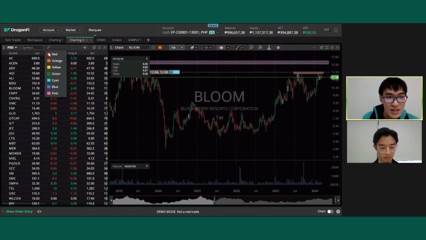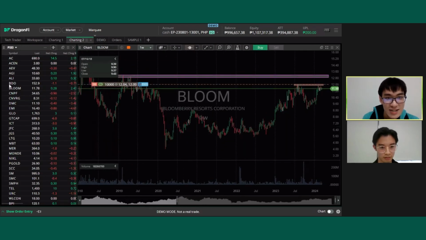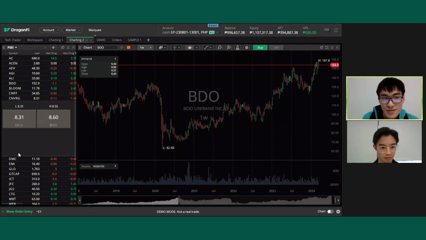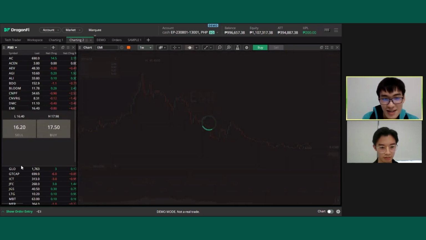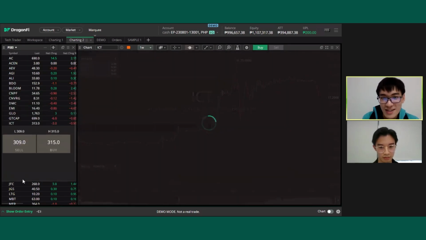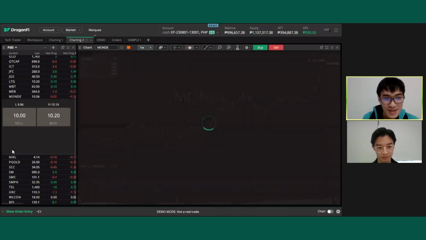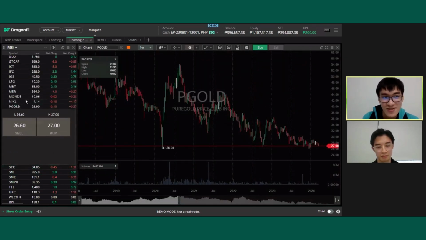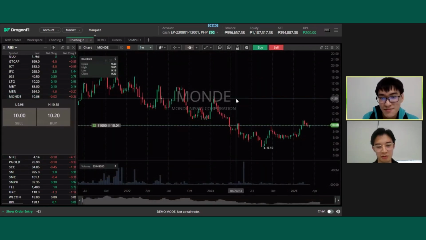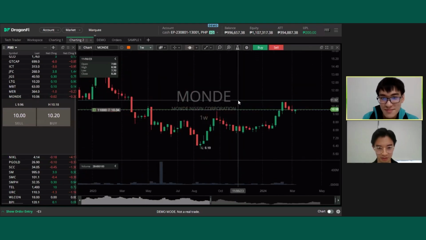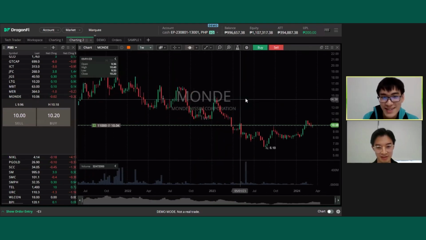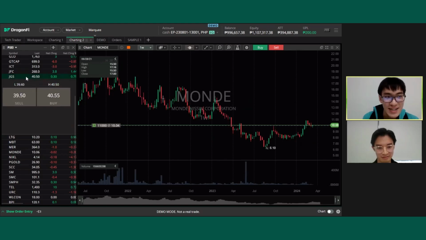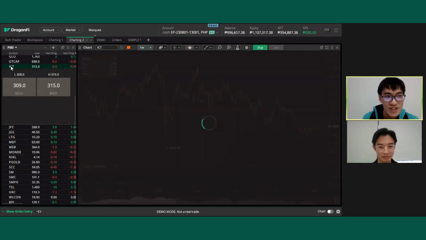Basically, I can just skim through it, and you can see it in their chart already. So it's very convenient. I think that's my favorite feature of the trading platform. Yes, this is how powerful the platform is.